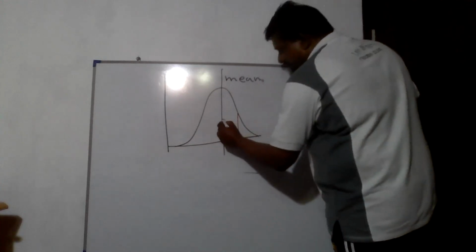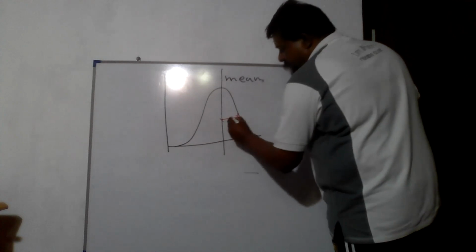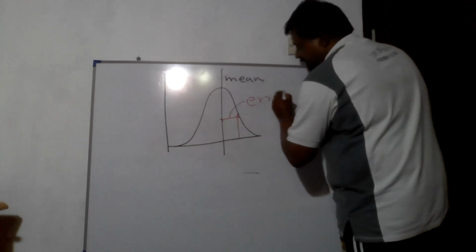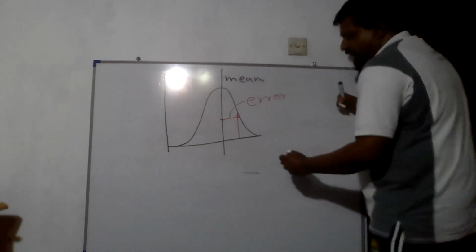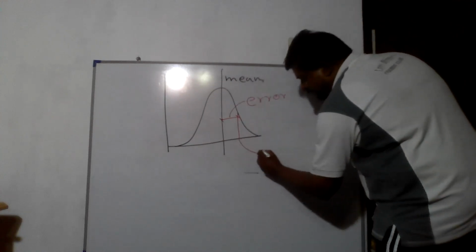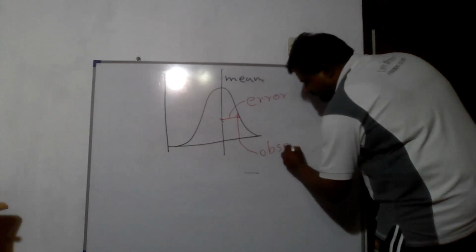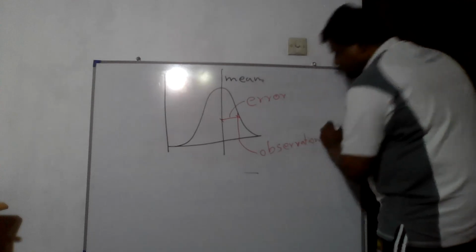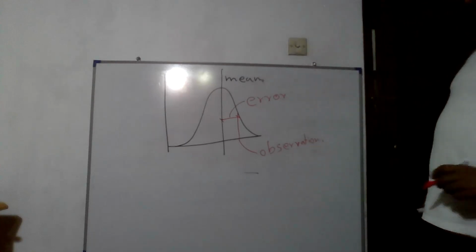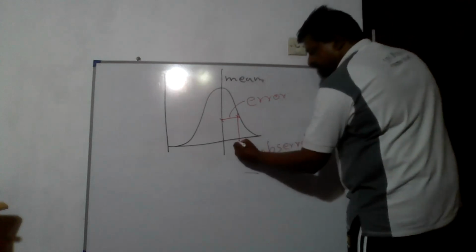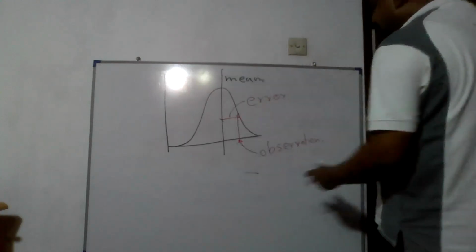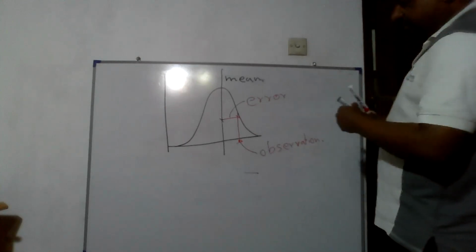Now, the difference between these two is what you call error. This is mean, and this is your observation. Right? At this point. Okay. Now, if you plot this error versus frequency, what you will get is a symmetrical curve.